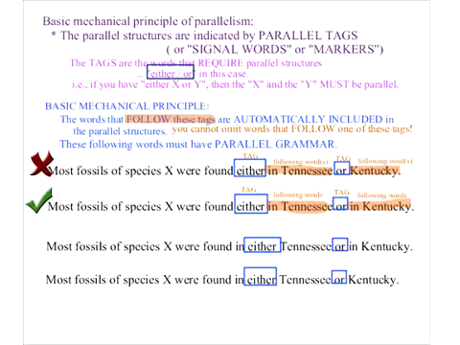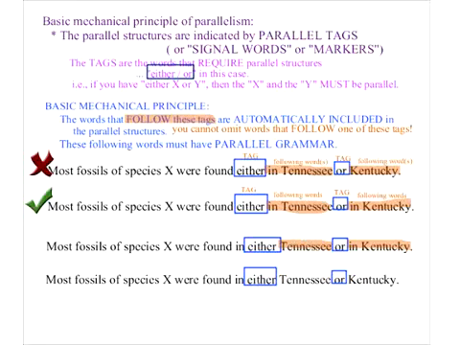So we'll look at these two other ones just real quick with the same principles. The tags, again, are either or. If you look at this example, following or, you have in Kentucky. Following either, you have just Tennessee. Again, this is a prepositional phrase. This is just a noun. Those are not parallel.